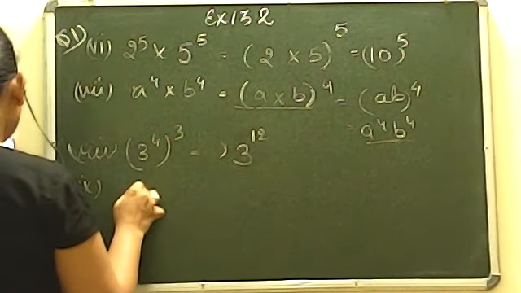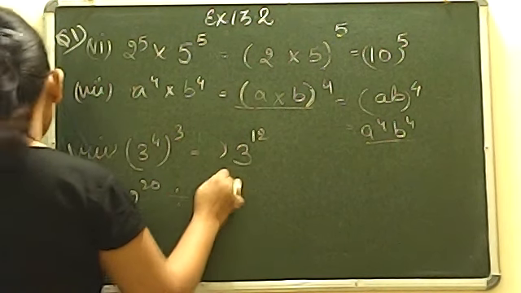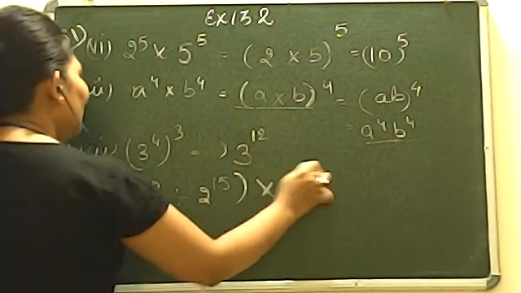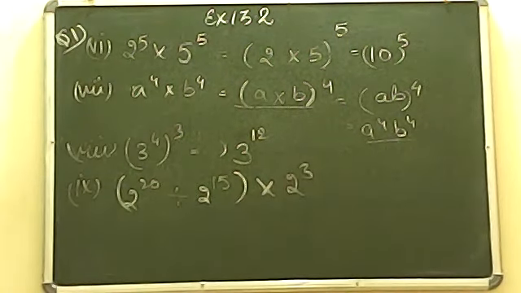The 9th one is 2 to the power 20 divided by 2 to the power 15, multiplied by 2 to the power 3. Please solve it on your own. Now don't tell me how 28 will be the answer, beta. You solve it on your own. Then I will ask who is telling 28. Very good. 2 to the power 8 is coming.